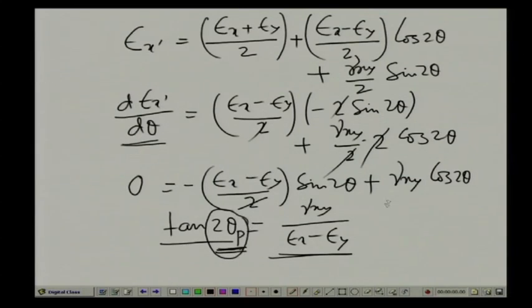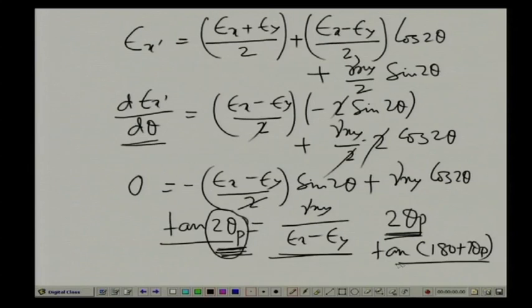Now, this equation has two solutions: one is 2 theta p, and tan of 180 plus 2 theta p is also the same value. So, we will have two angles in the physical plane, one is theta p and another one is 90 plus theta p. This gives us the orientation or the direction along which the normal strain will be maximum.